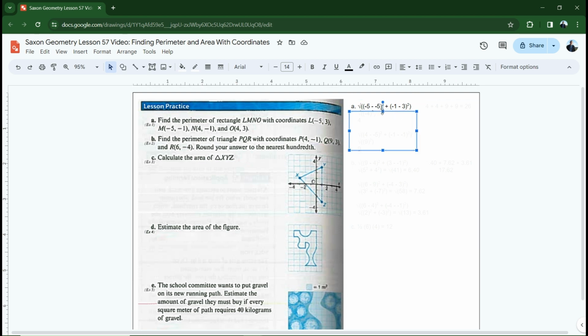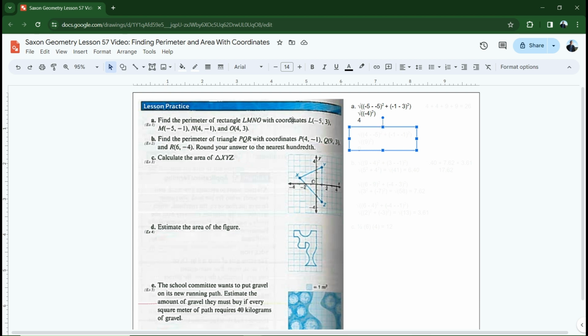So let's go ahead and work that out. The first term turns to 0. The second term is just negative 4 squared. This is going to be the square root of negative 4 squared, or the square root of 16, which is going to just turn into 4. The side length LM has a length of 4. That means also remember that NO has a length of 4.